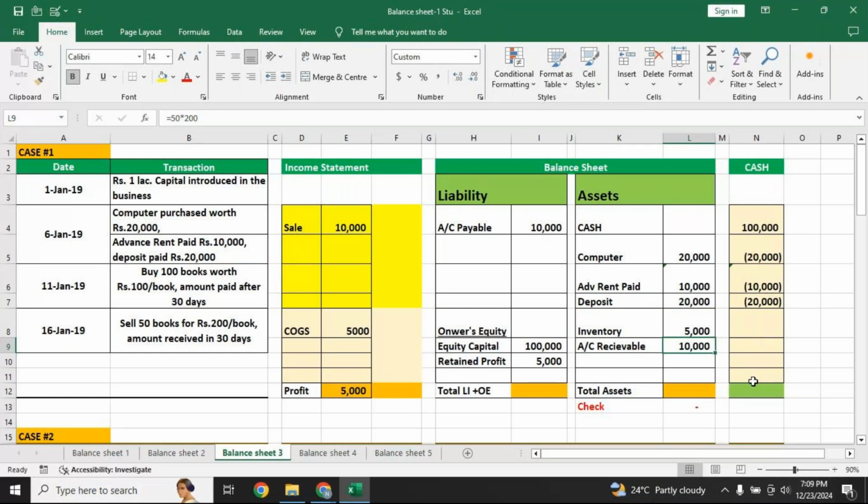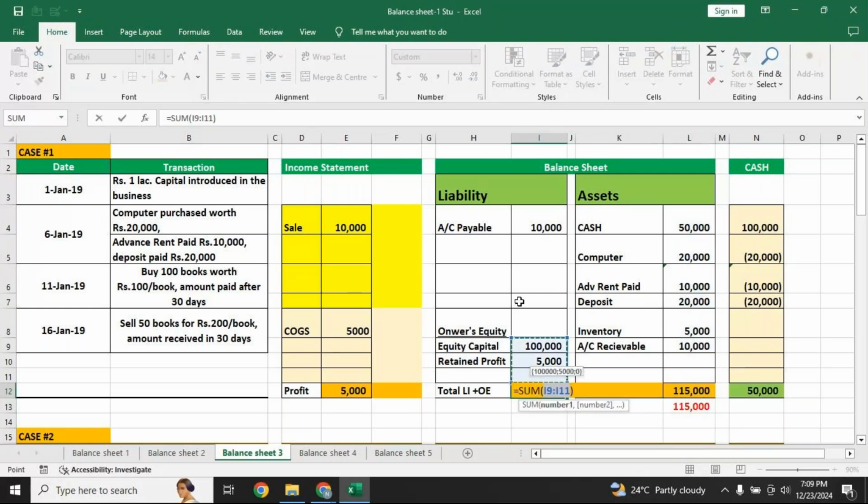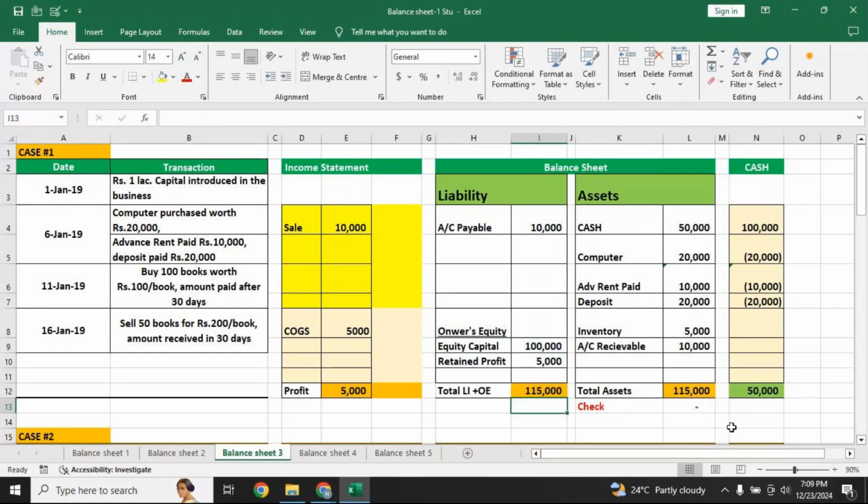So here I'll make it equals sum of. So this amount will be coming as cash in the assets. So here I'll make it equals, and here it will be equals. So this is how the solution is.